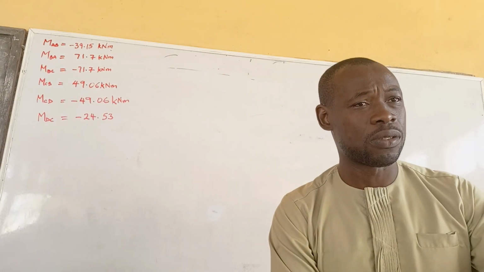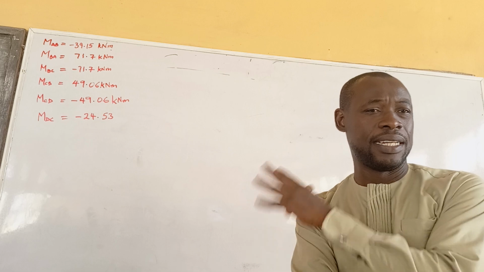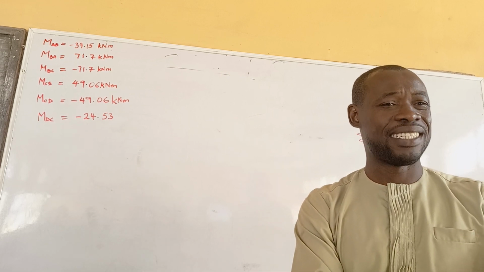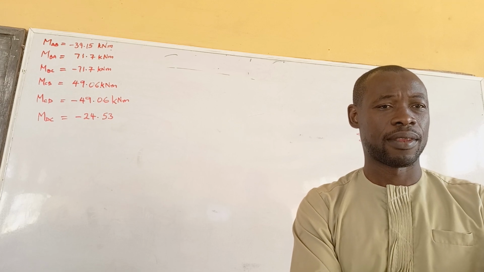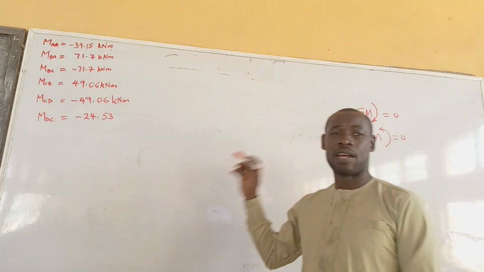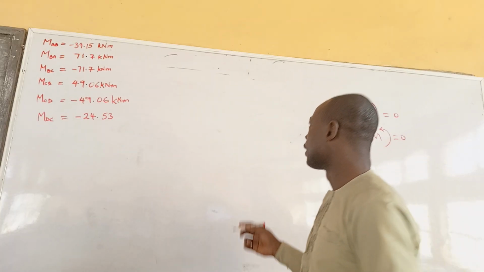There are still some things that we still need to get. This is the members end moment. We need to calculate the members end shears. When I say members end shears, that is the forces at each point that you are considering. So how do I calculate that?